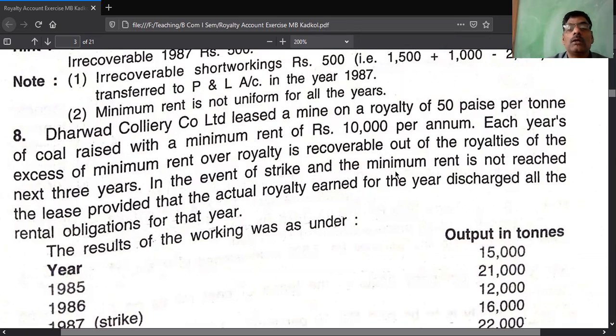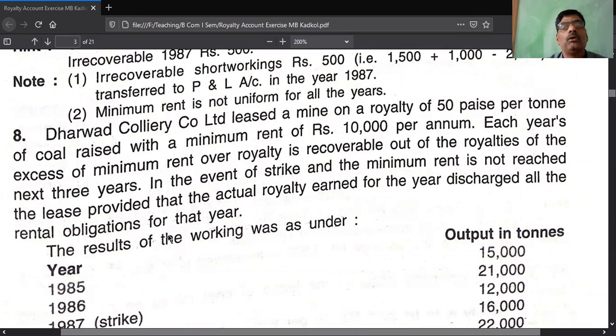In the year of strike, the minimum rent is not reached. The lease provides that the actual royalty earned in that year discharges all rental obligations. For the year of strike, the minimum rent is nothing but the royalty of that year.